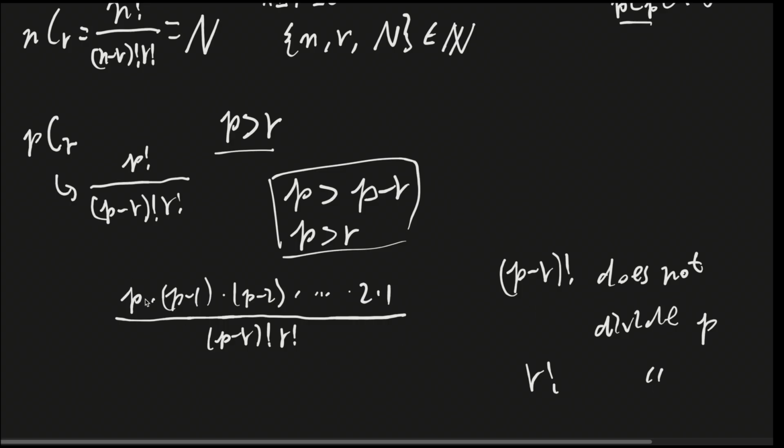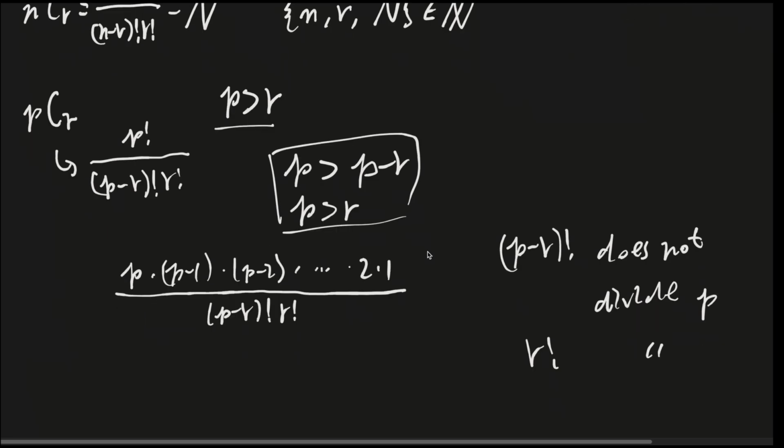Then what's going on with the P here? It's just there. So we can say that this is equal to P times any integer k, or any natural number k. So this thing is a multiple of P because P here was not able to be cancelled by P minus R factorial and R factorial.